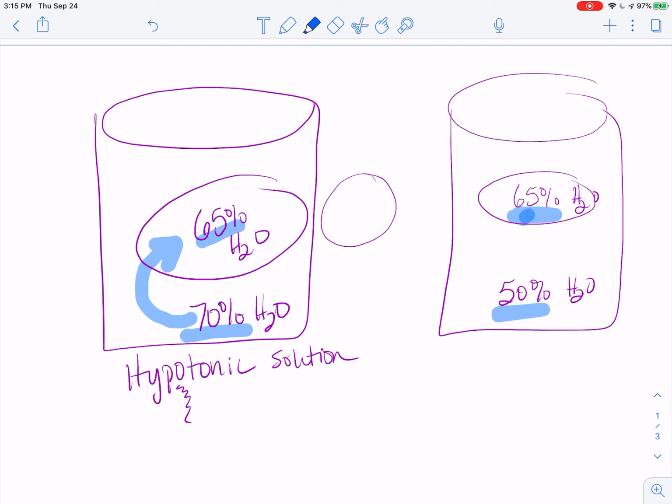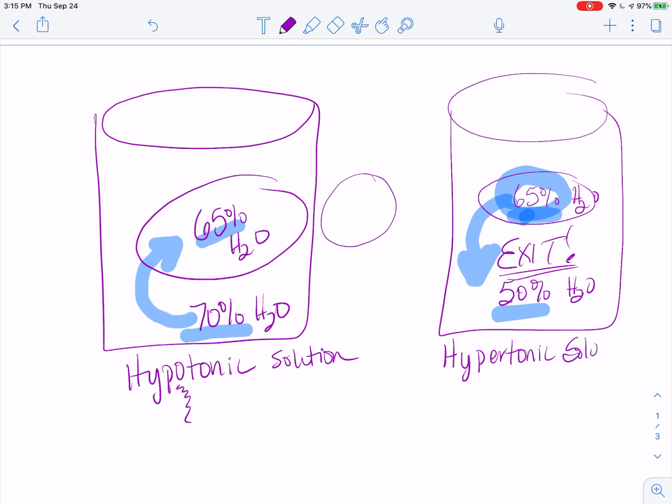So water's going to move from an area of high concentration to low concentration to try to dilute that. So water is going to exit. If it exits, now it's in a hypertonic solution. So E exits. All right, I hope that helps.